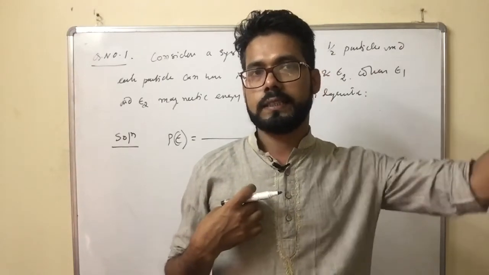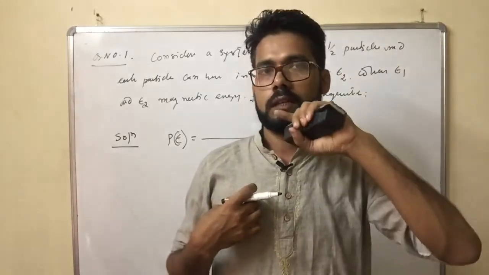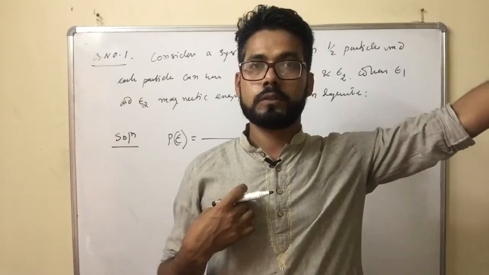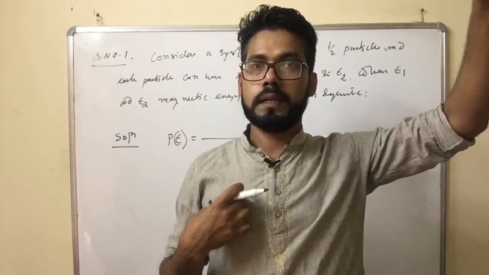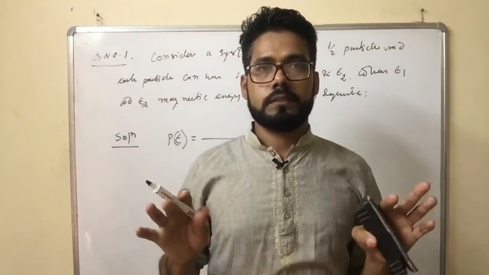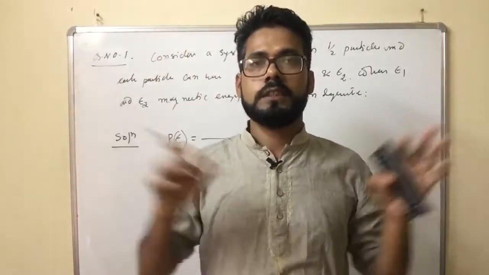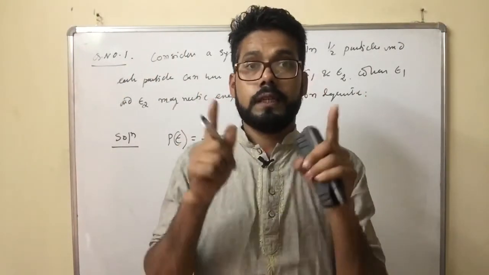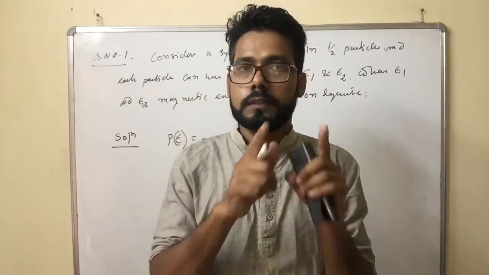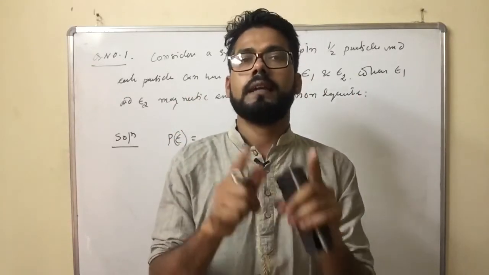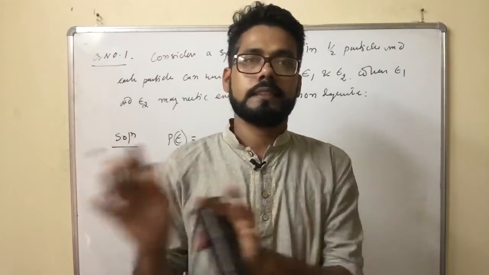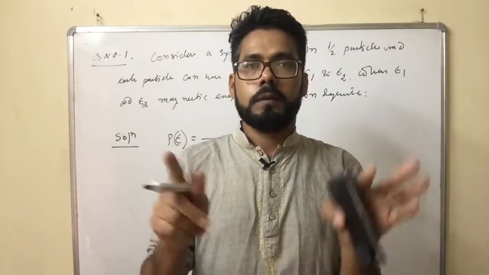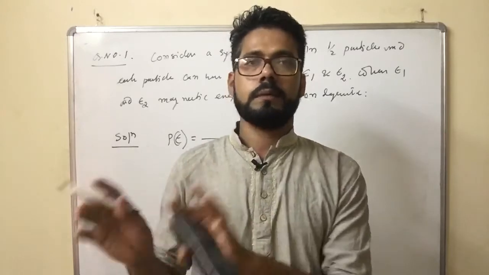I can stay in Guwahati, I can stay in Tezpur, I can stay in Jorhat. Whenever I stay in Guwahati, my representation or wave function will be different, but I am the same person. This is called degeneracy. A system has different orientations or different wave function representations, but they have common energy. Energy is the same, wave function is different. I will discuss degeneracy when I encounter the particle in a 3-dimensional box.